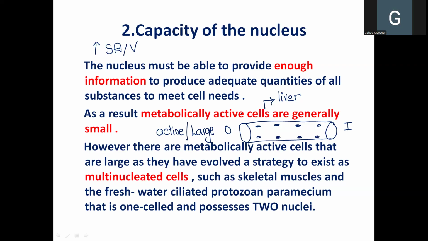So metabolically active cells are usually small, but if the cell is forced to be anatomically long, just like the muscle cells are, then there should be a strategy to work out this issue, and it will be a multinucleated cell. And that's why muscle cells, skeletal muscle cells in particular, because they are elongated, are multinucleated.